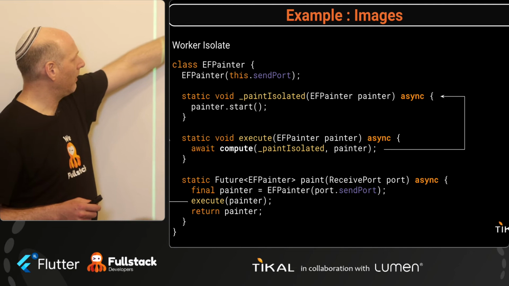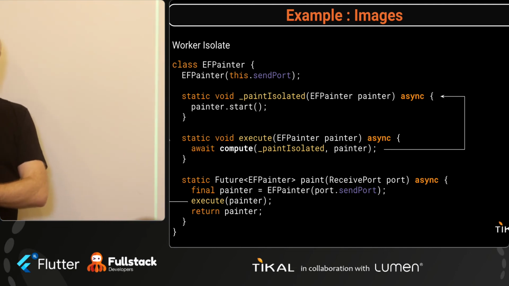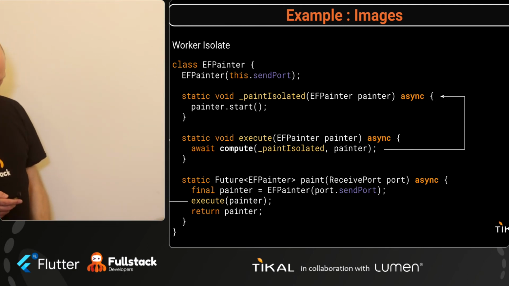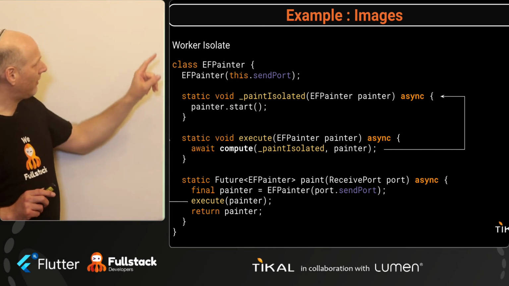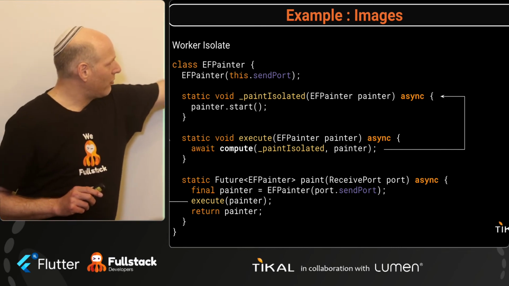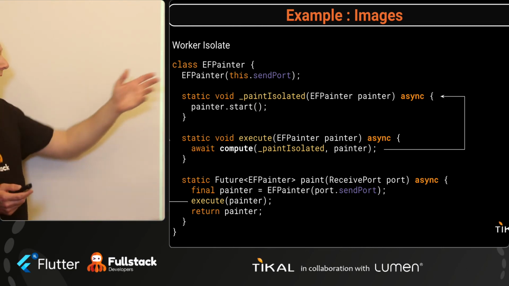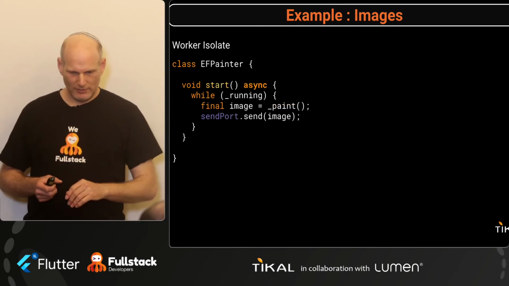It mustn't be in the painter class, because the class itself is not passed into the isolate. The code is shared because it's in the same isolate group, but this is the entry point, and it needs to know how to access it without having a painter object itself.